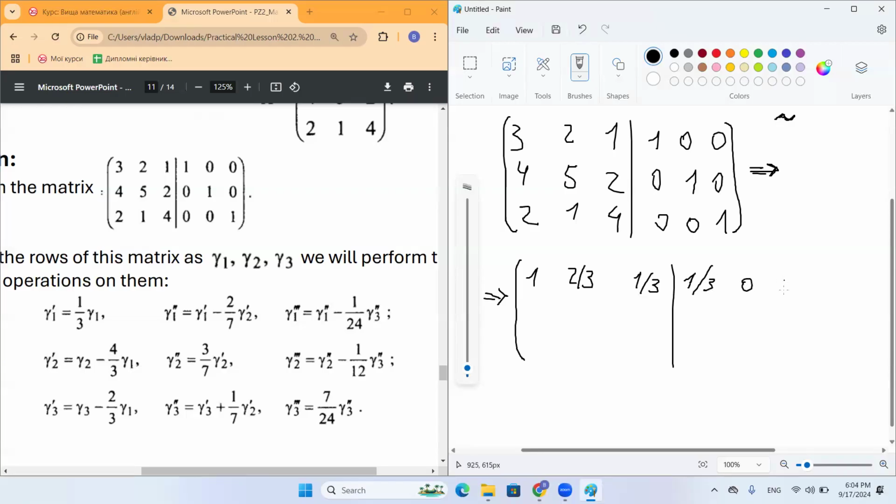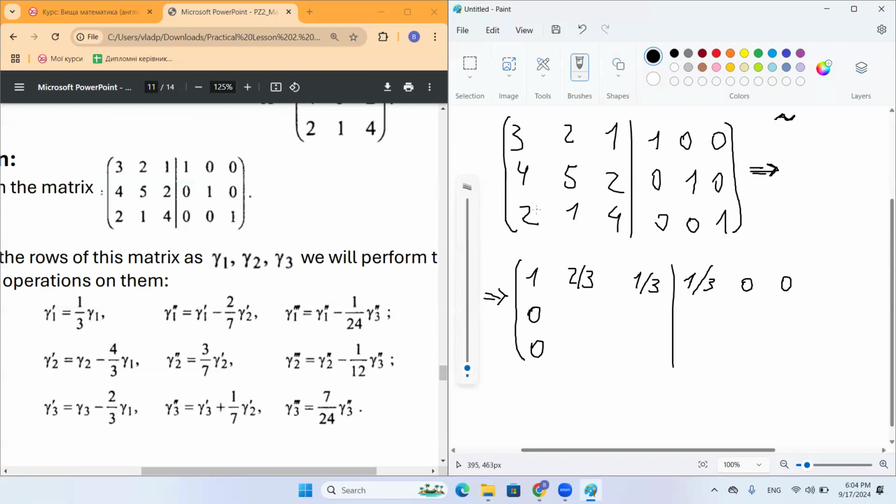Here just zeros. And here I need to set zeros. So actually I will transform this matrix to the identity matrix and this one to the inverse.